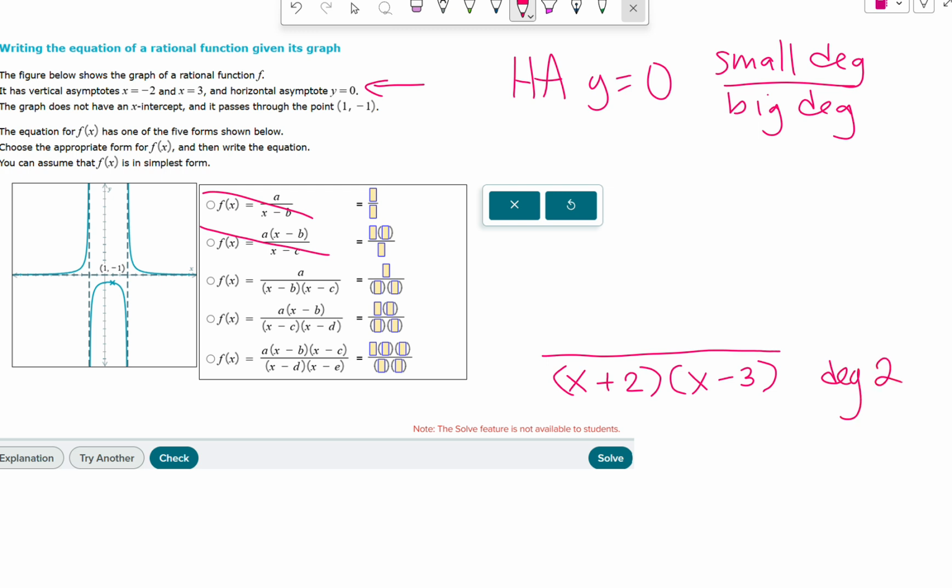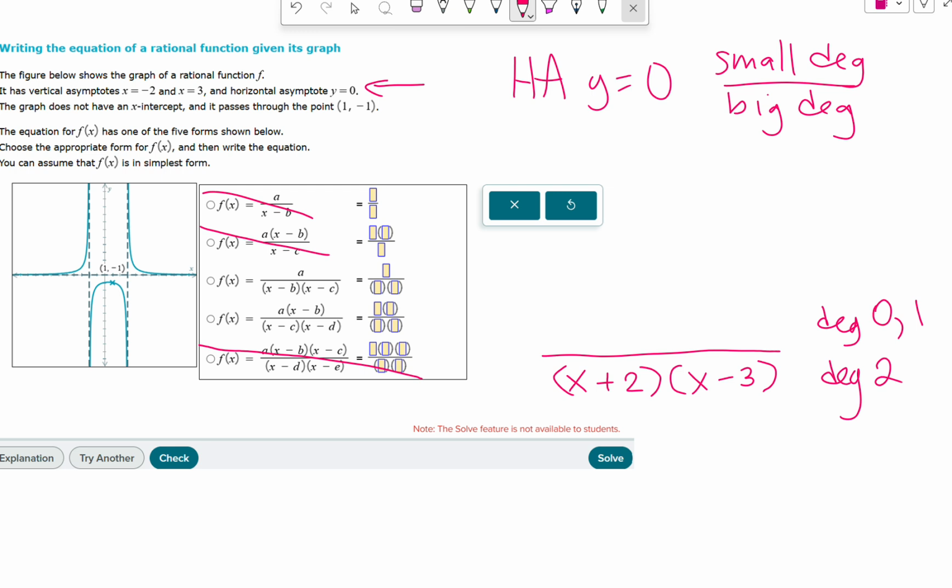Because I have two x's there. So my degree on the top has to be 0 or 1. Okay, so if I look back over at the choices, I can now eliminate the fifth choice because that has two x's on the top. So that numerator would be degree 2 also. Okay, so I'm down to just two final choices.